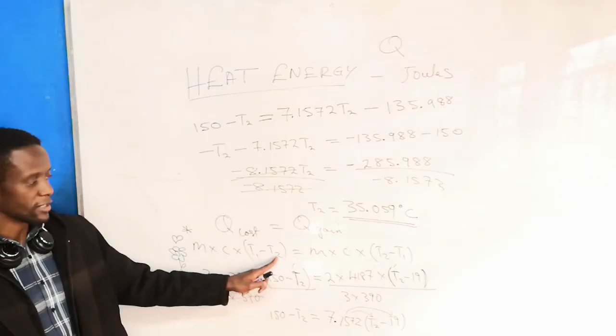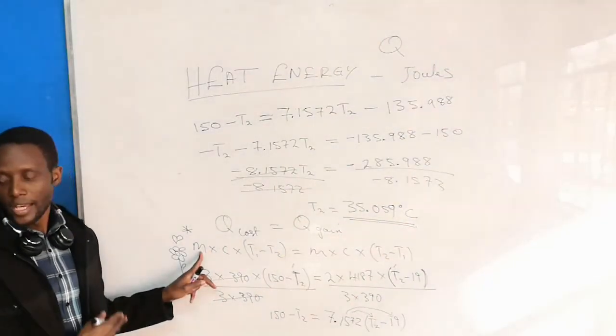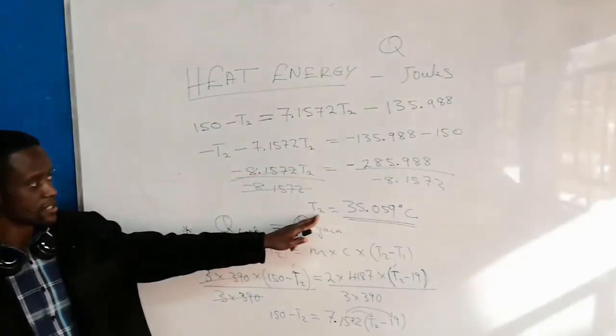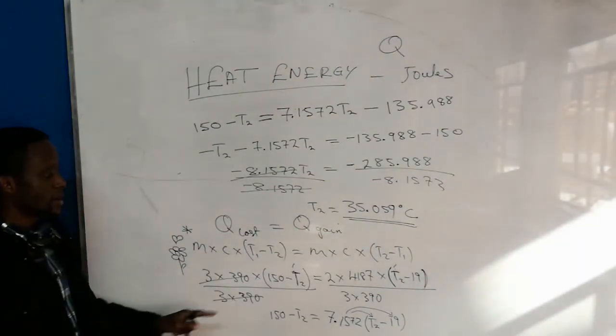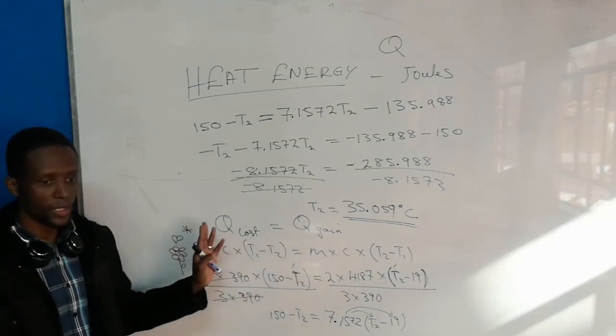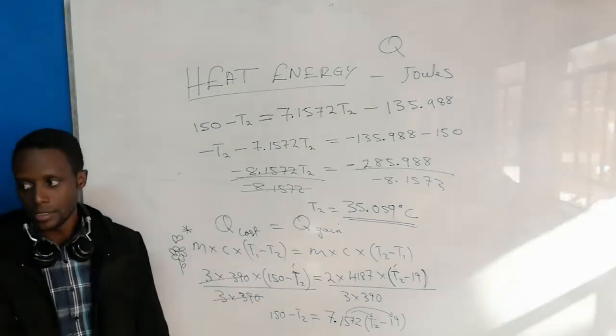They can even give you the final temperature of the two substances, then they ask you how much was the mass of the other substance. It is not always that they'll be asking us for T2. So from that point, just know that our T2 should be the same. The initial temperature may not be the same, but they can ask for any of those components.